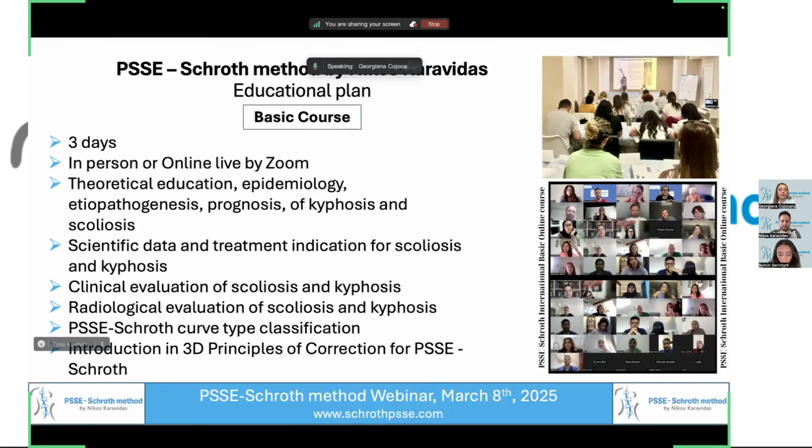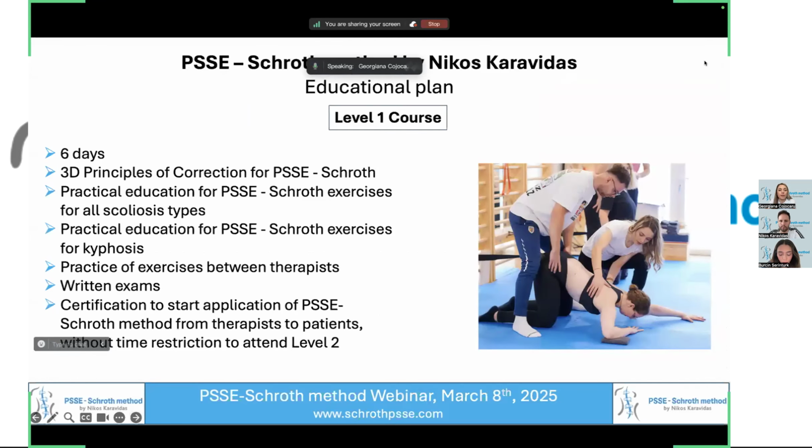It also includes scientific data and treatment indication for scoliosis and kyphosis, clinical and radiological evaluation of scoliosis and hyperkyphosis. Then we talk about PSSE-Schroth curve type classification, and we introduce the 3D principle of correction for our method. But then you have to do the level 1 course to apply this method.